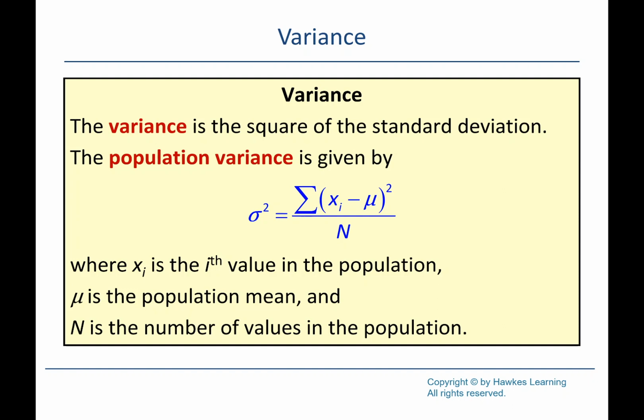Why do we focus more in this class on standard deviation? The answer is that here, the units are also squared. Everything's squared here, and our symbol even helps you remember that: sigma squared instead of sigma for standard deviation. Sometimes that's okay.